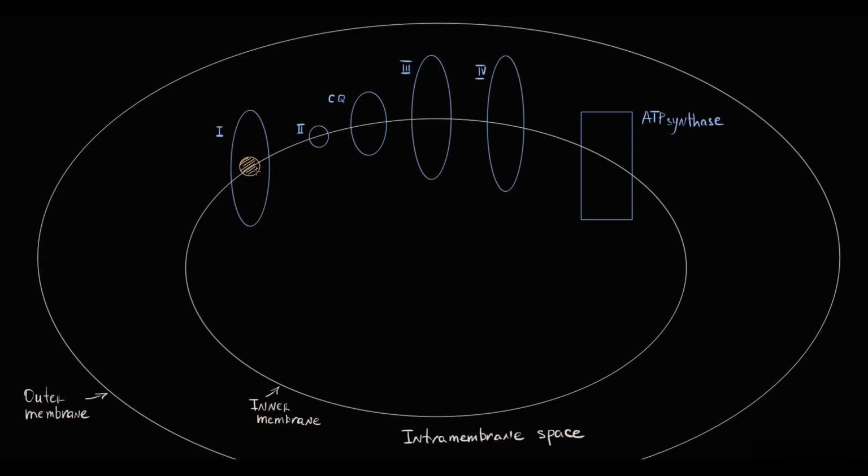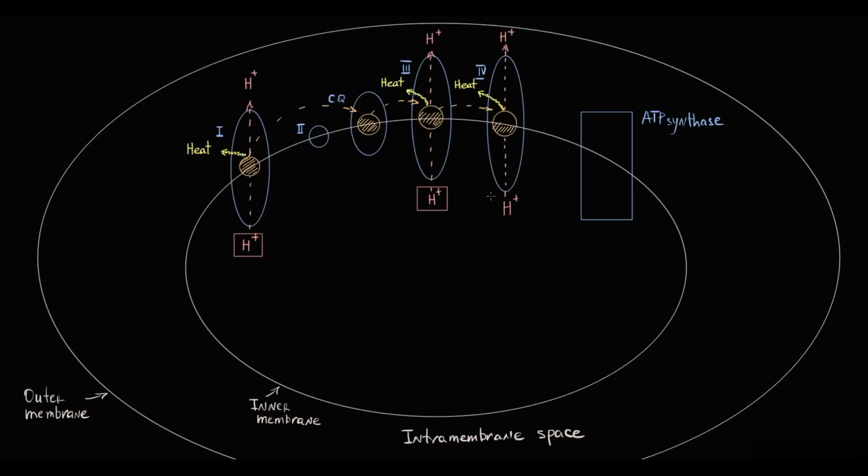The general concept is that protein complexes in the electron transport chain, by transportation of electrons, suck energy out of the electron. 50% of energy the complexes use to drive hydrogen protons from the mitochondrial matrix to the intramembrane space. But another 50% of energy goes to generate heat to maintain our body temperature. This hydrogen movement occurs at the level of complexes 1, 3, and 4.